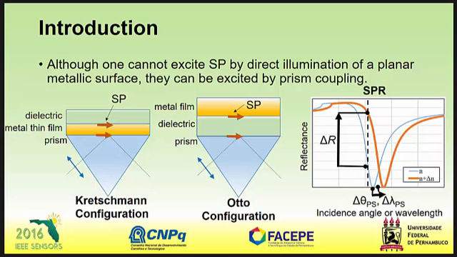The dielectric here in green is considered to be our sensing medium, and when its refractive index changes, the resonance curve shifts, and we can monitor the shift of the resonance curve by looking at the variations of the reflectance, the incidence angle, or the wavelength. In this work, we focus on the variation of the reflectance signal.